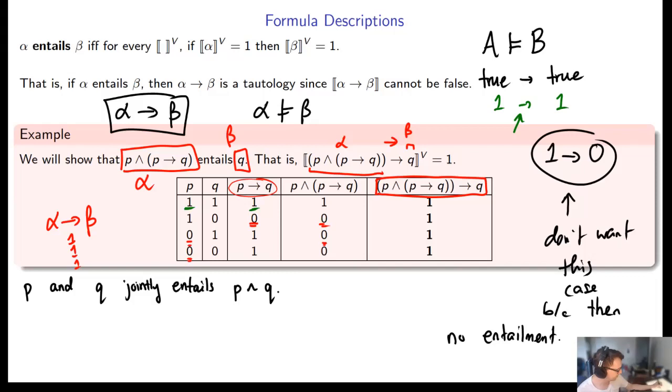But then in this last column, we're going from P and P arrow Q over to Q. If we draw the little arrows in, we have one arrow one, and then in the second, third, and fourth rows, we're going to have 0 arrow something. And if we remember the conditional, if you have 0 arrow anything, it comes out to true. A reminder of what we talked about last time.